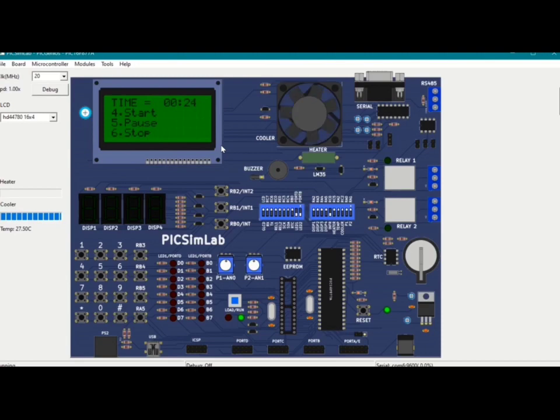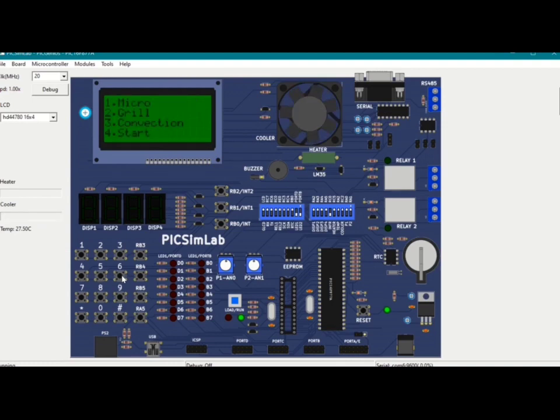You can see the time will be decreasing. If you press the 6, it will go to the home. To stop, we have to press the 5.